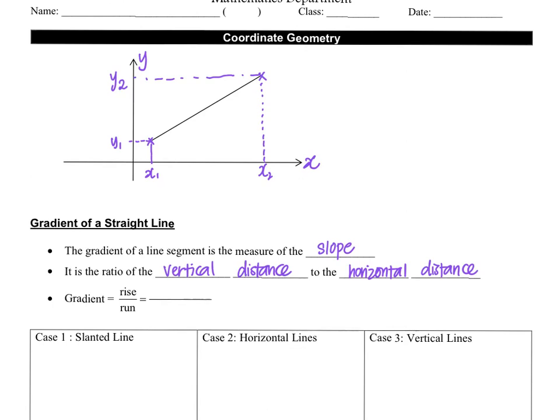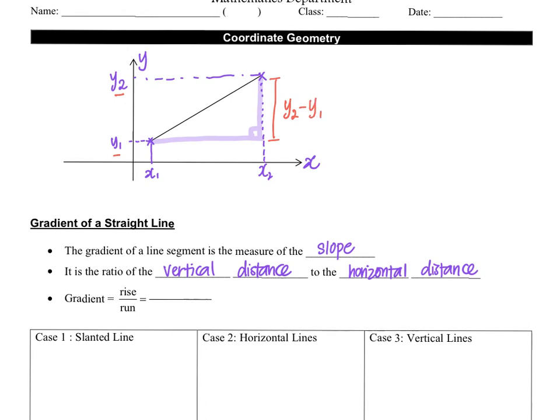If we look at our diagram over here, this forms a right angle triangle. So the rise will be given by from this to this point, which means the difference between y2 and y1, which gives me y2 minus y1.